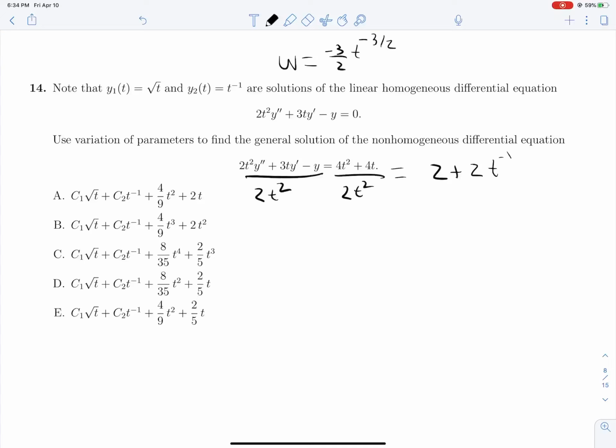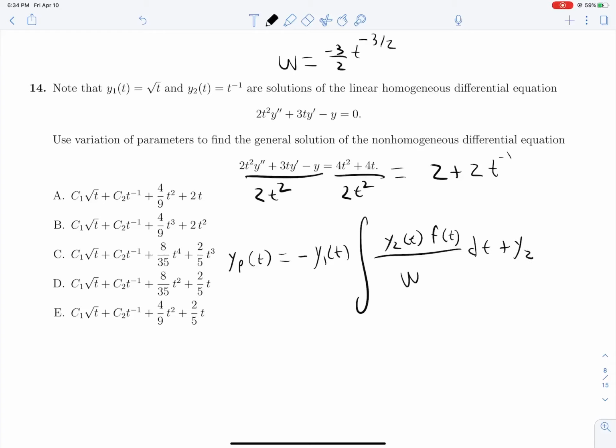So we know that the general form that this equation takes is y_p of t is equal to negative y1 of t times the integral over the Wronskian dt of y2 of t multiplied by f of t, plus y2 of t times the integral over the Wronskian dt of y1 of t, f of t.